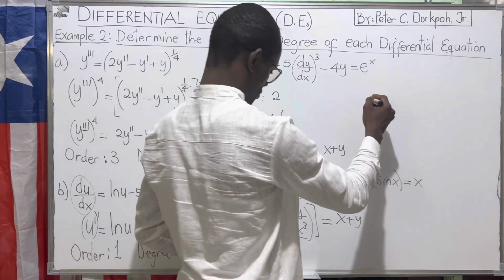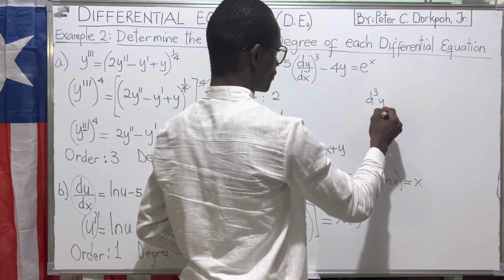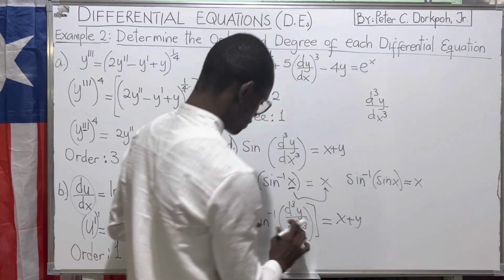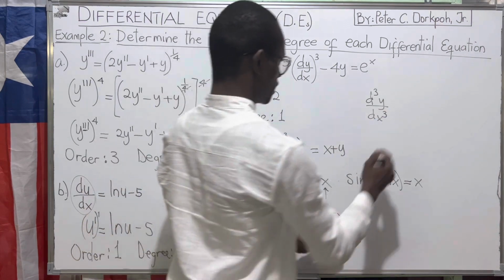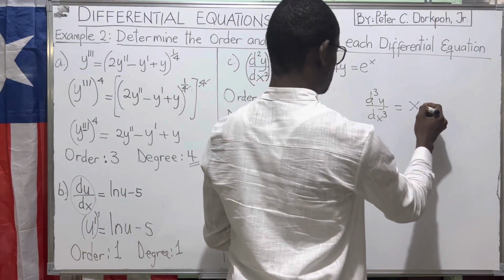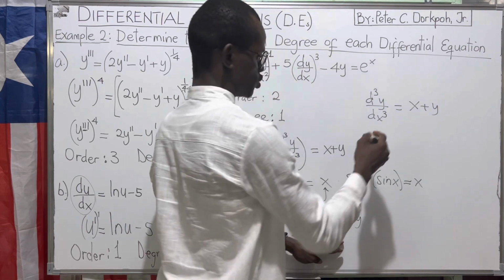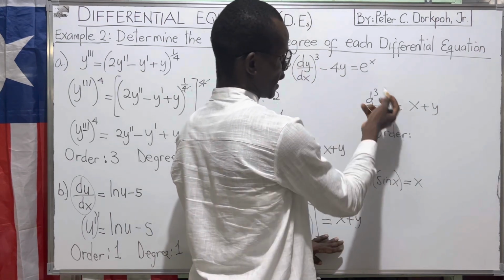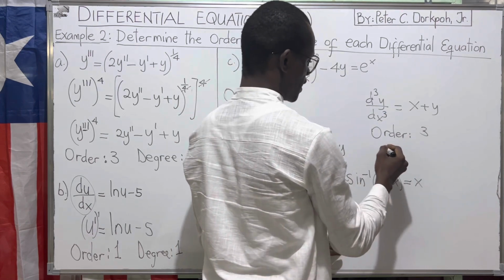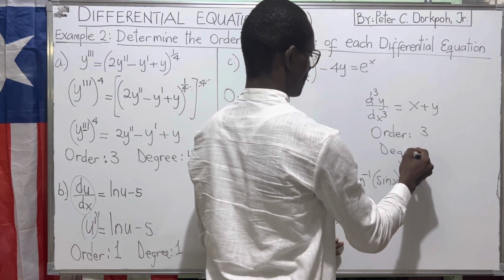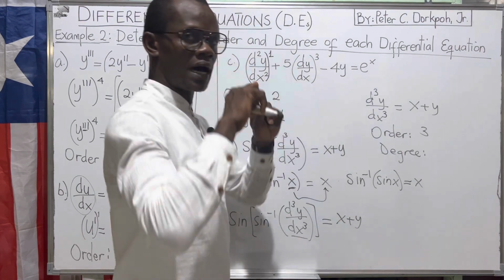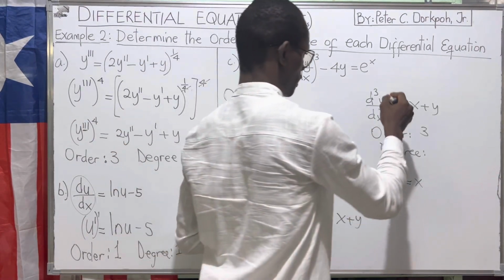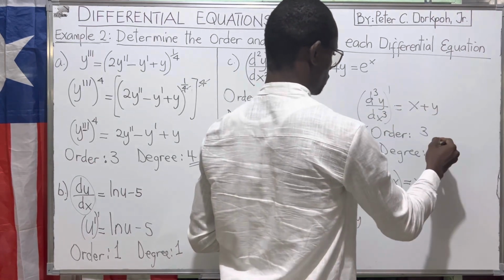So we end our problem here. We have the 3y all over the x cubed, so this entire expression will just equal x plus y. So the order of this differential equation, we can all see that the highest derivative is 3, and the degree, which is the power of the highest derivative, is 1. This whole thing is raised to the power 1, so this is 1.